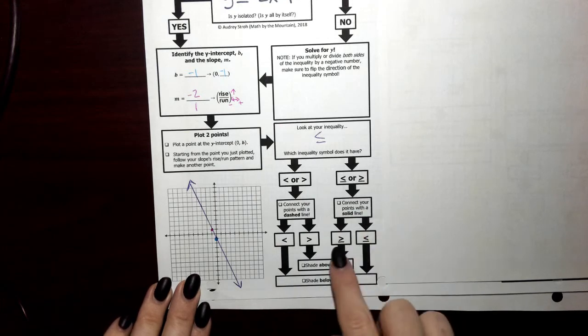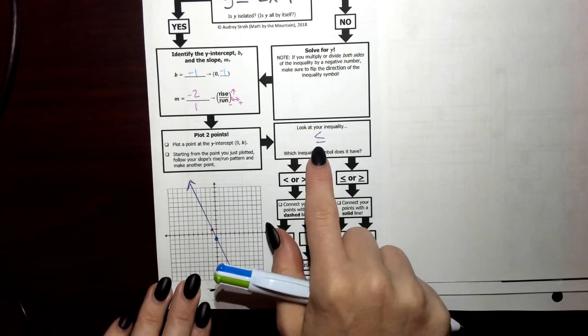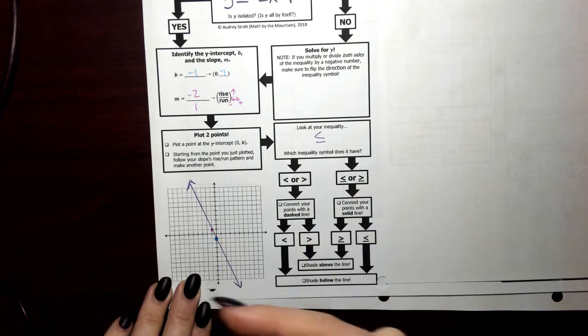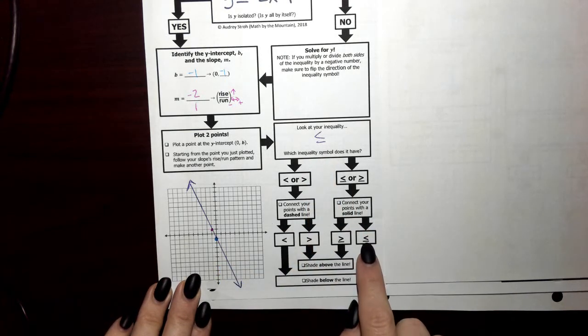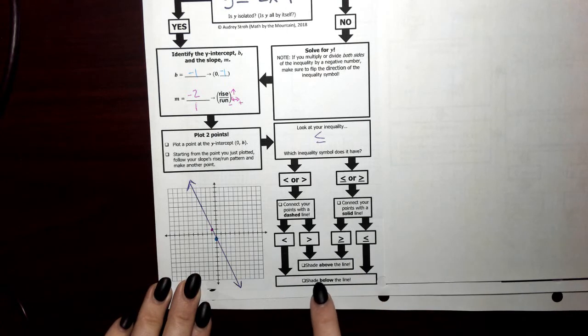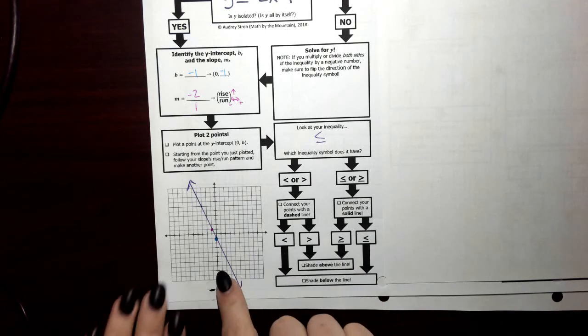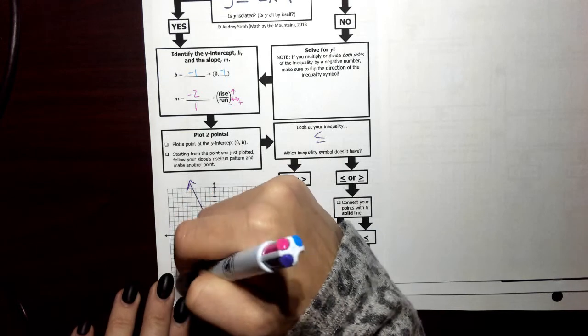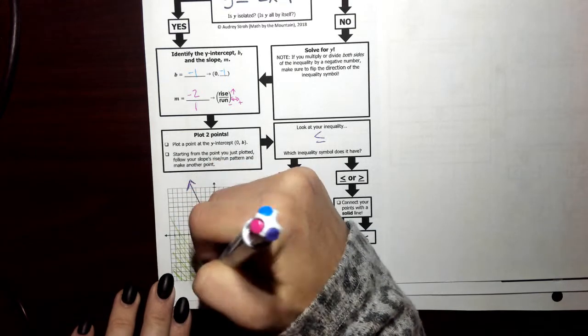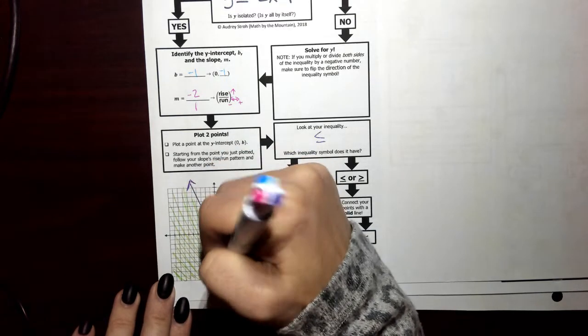Now we need to look at which direction it goes. So it's facing to where it's pointing to the left. So we're going to follow this arrow, and it says shade below the line. So I'm going to shade below the line.